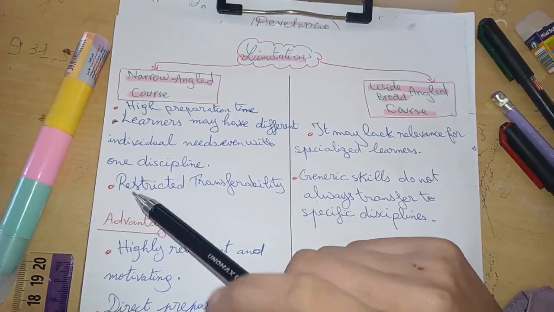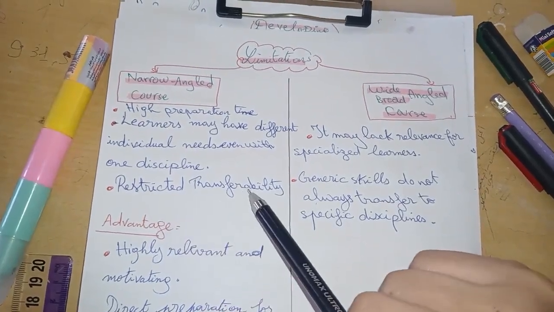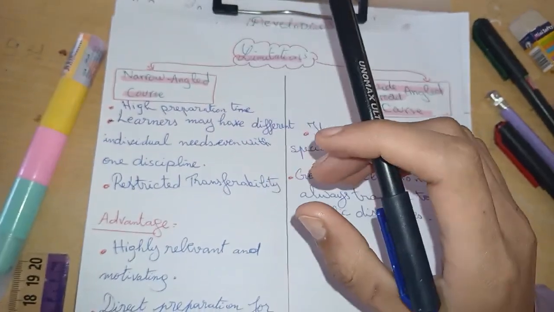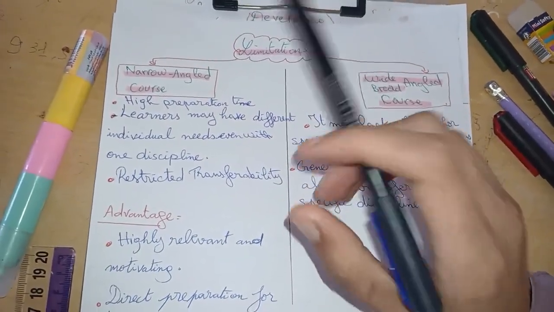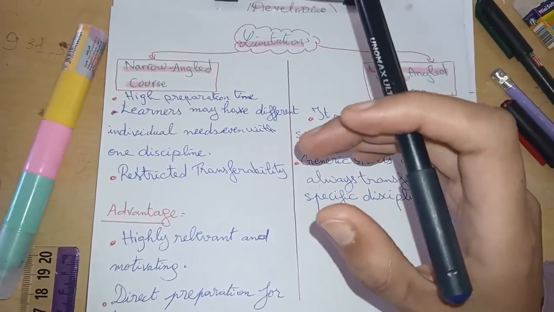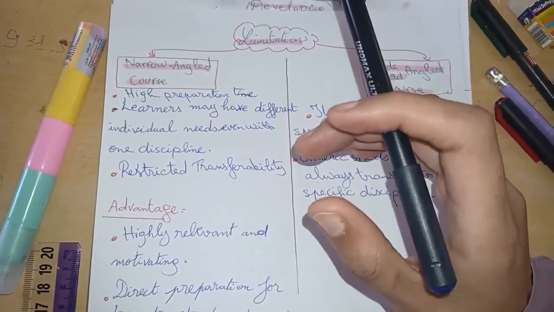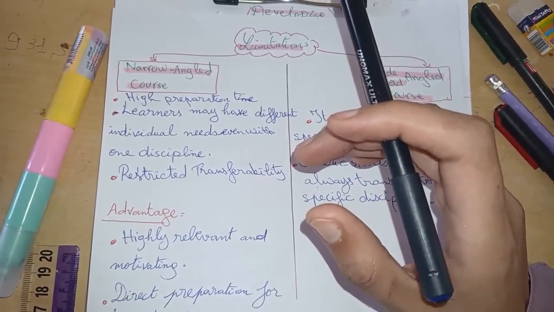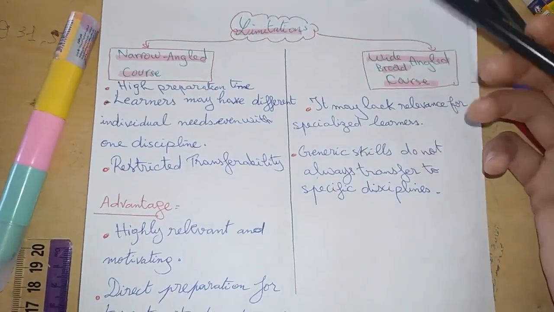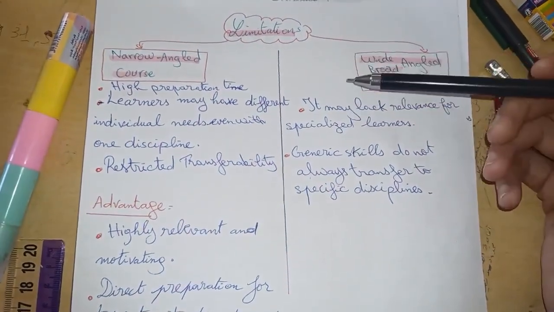And it has restricted transferability. So sometimes we cannot transfer all the information, because each one of them has a different job, and even at the level of the individual.